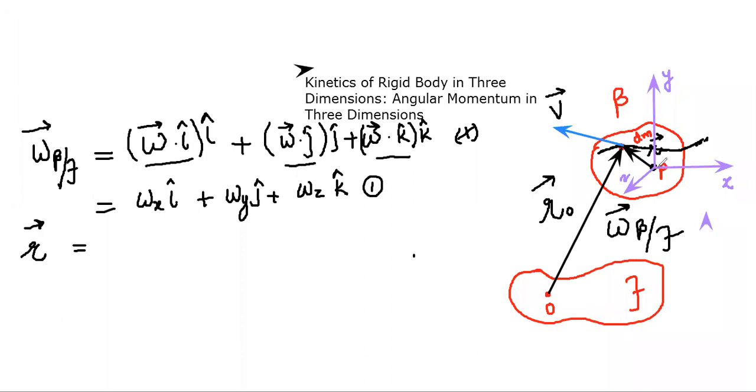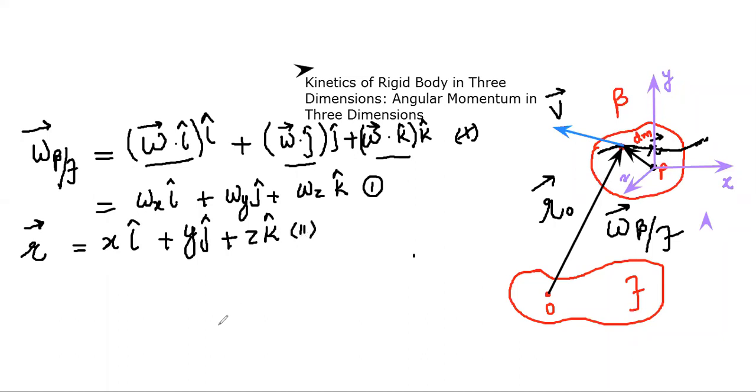Therefore, it will also have three components along x-axis, y-axis, and z-axis. Let the component of r along x-axis be x, so we write xi cap. Let its component along y-axis be y, so yj cap. And let its component along z-axis be z, so zk cap. Call this equation 2.